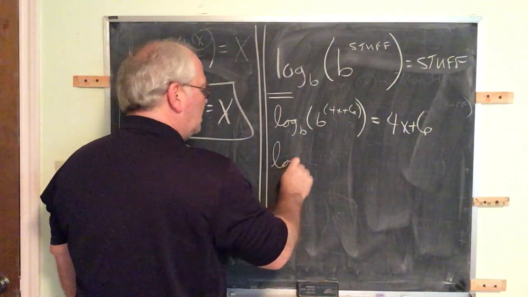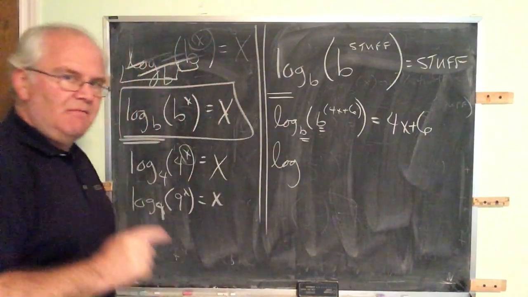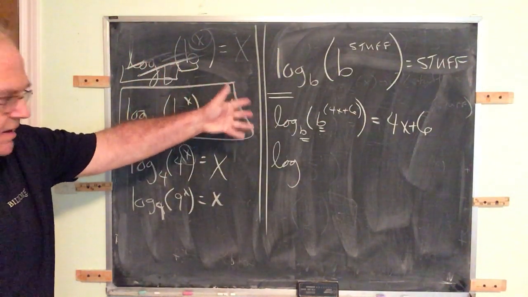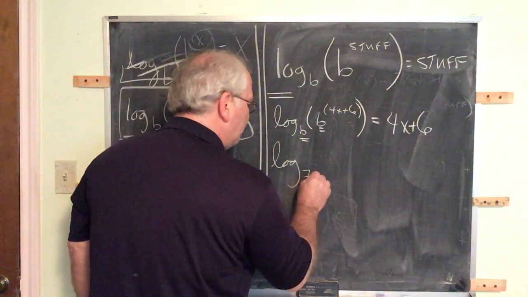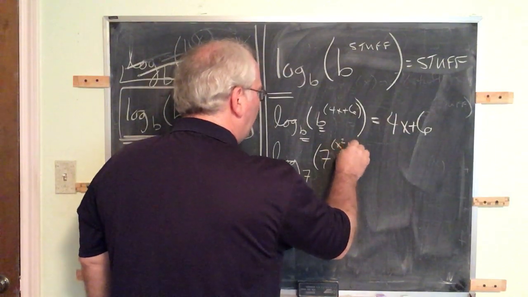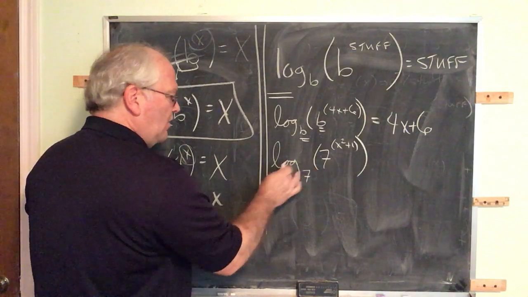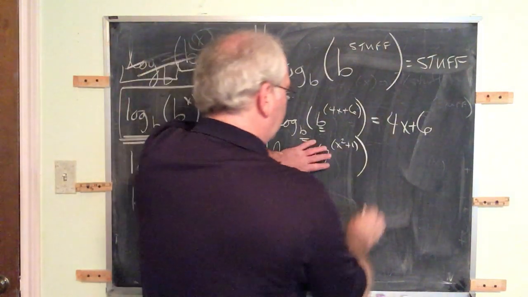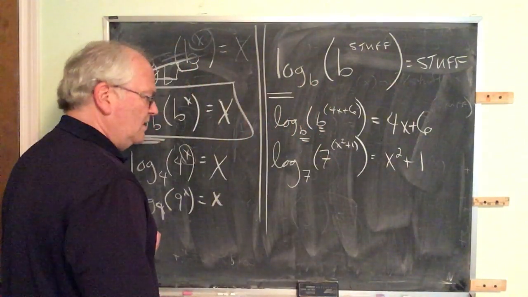Now, the b can be any value, but the bases must match. If they don't match, this doesn't simplify using this method. So I can take log base 7 of 7 raised to the power of x squared plus 1. Logarithm and exponential cancel, and you're left with just the argument, x squared plus 1.